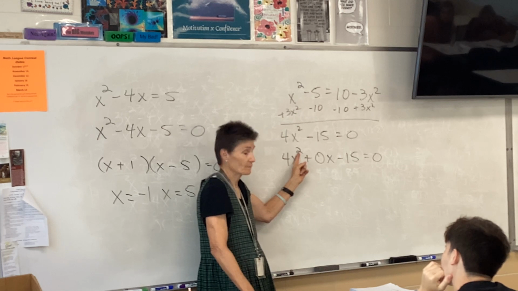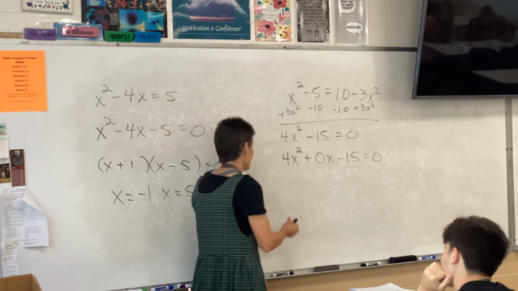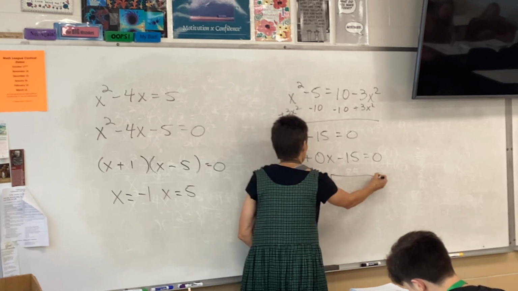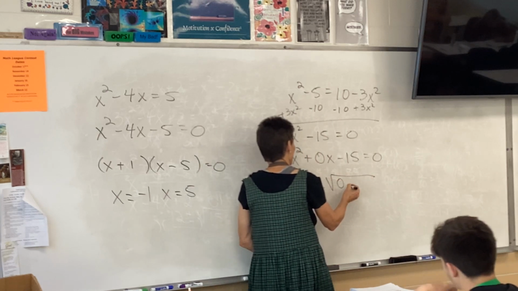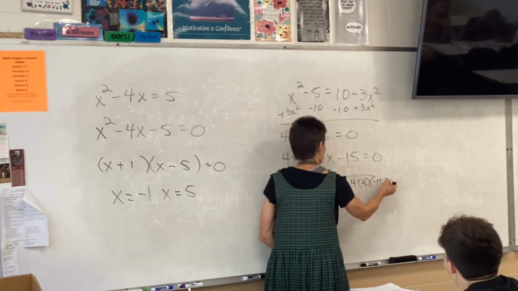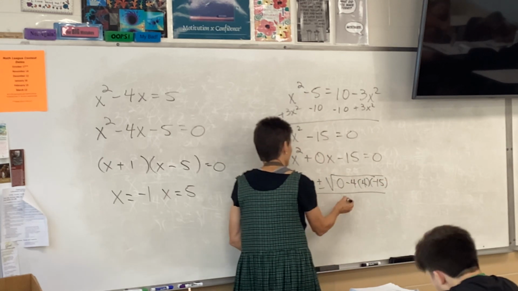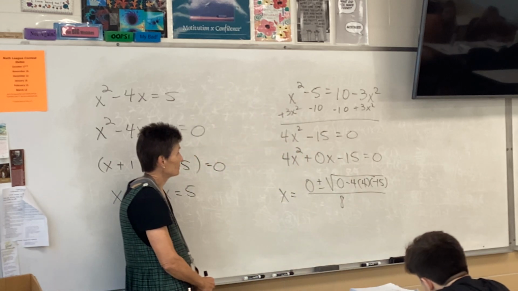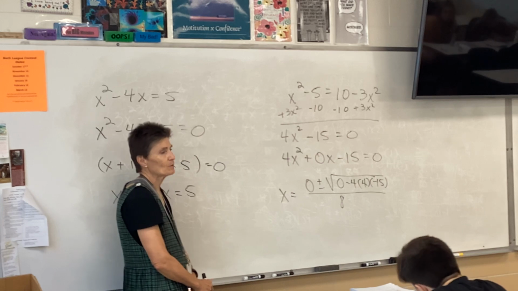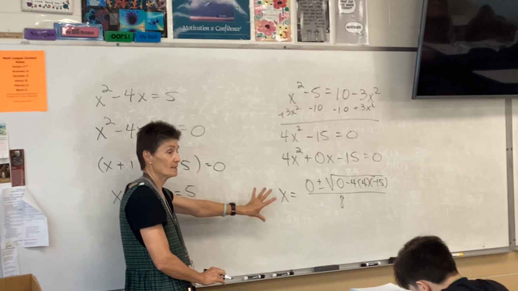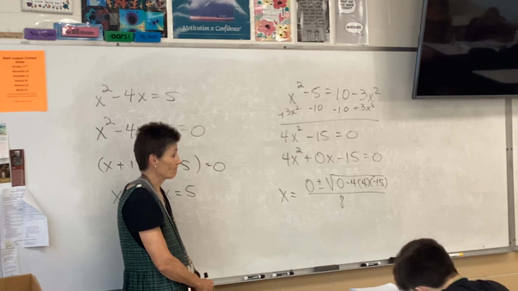Absolutely. So here we go, x equals negative b plus or minus the square root of b squared minus 4ac all over 2a. So some of you may be thinking about doing this problem a little differently, and that's okay, but this is fine. It's quadratic.